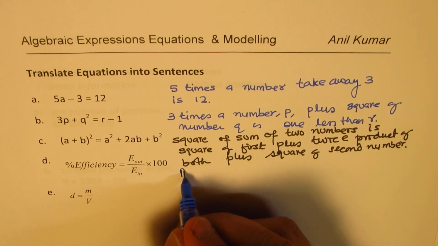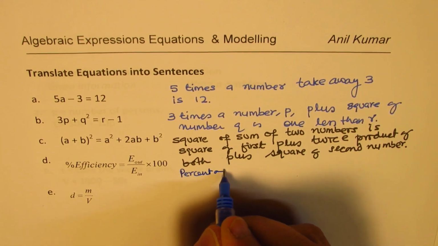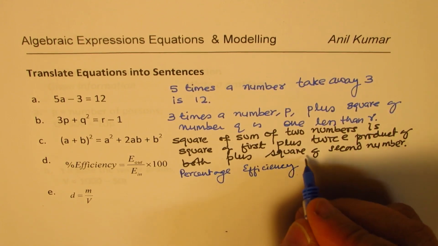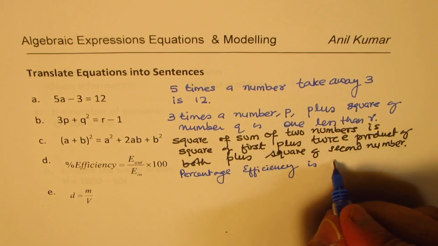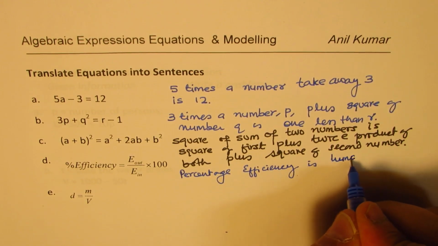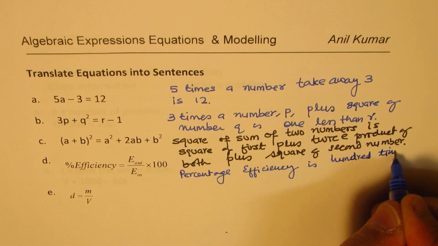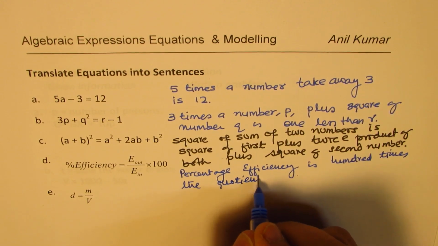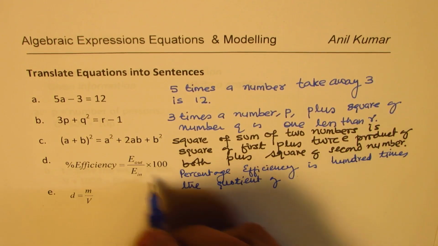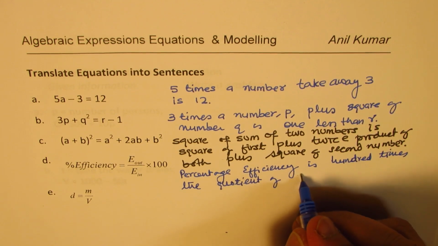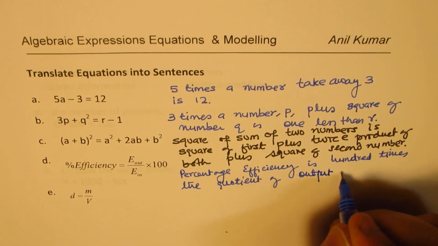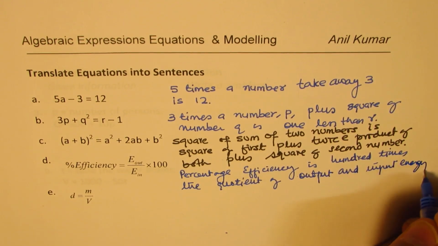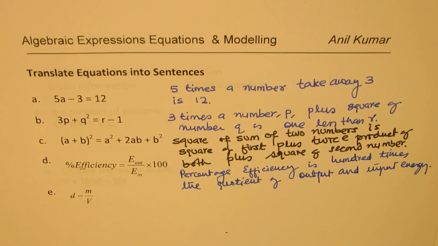So we'll say percentage efficiency is 100 times the quotient of output and input energy. Clear? So that is how you could describe this particular formula.